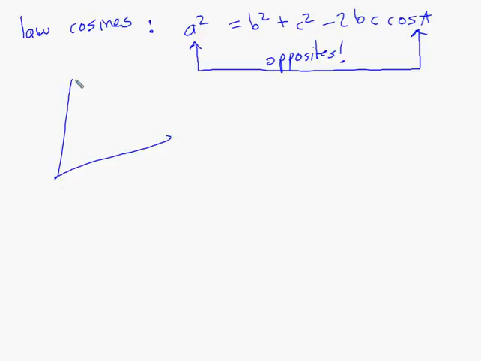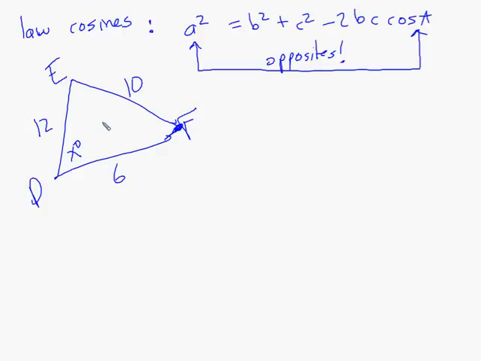So in any triangle, I'm just going to use DEF to emphasize the pattern of the sides. If this is the angle I'm looking for, then I would have a situation like this. Squared equals.